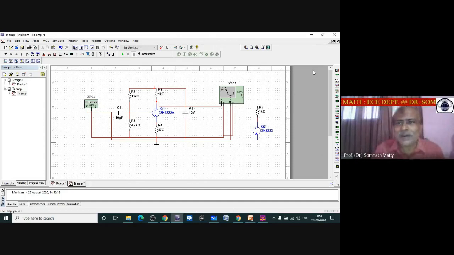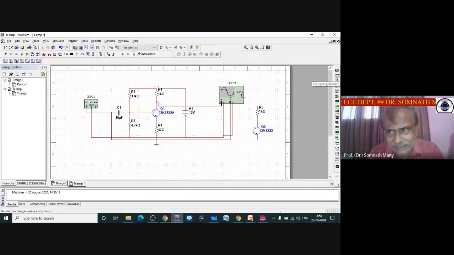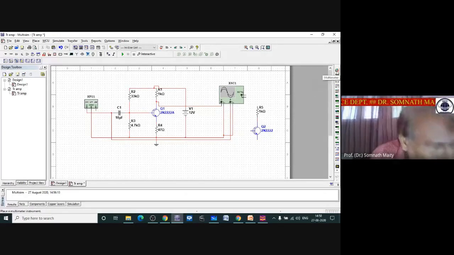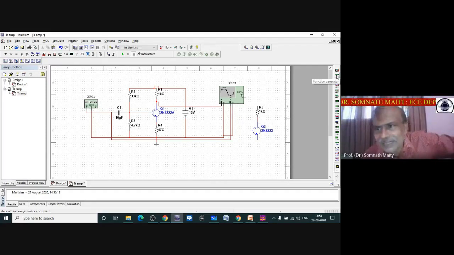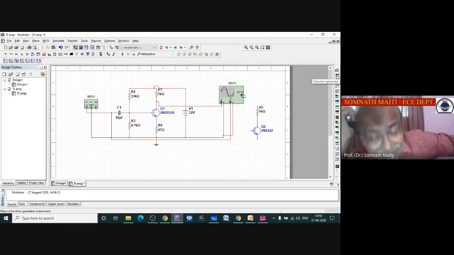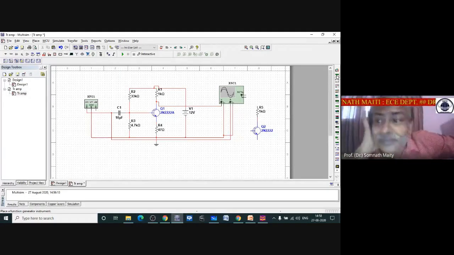Now here there are instruments. Multimeter, function generator. Are you familiar with a multimeter? With a multimeter, you can measure voltage, current, resistance, capacitance, inductance, and other parameters also. And the function generator is used to generate different signals: sine wave, square wave, triangular wave.